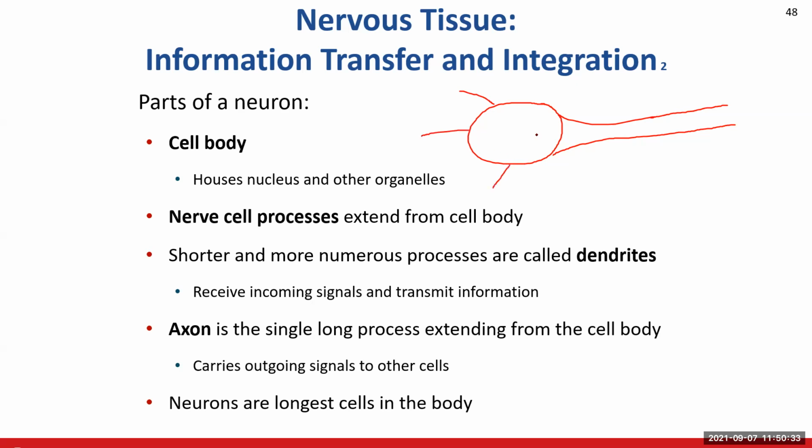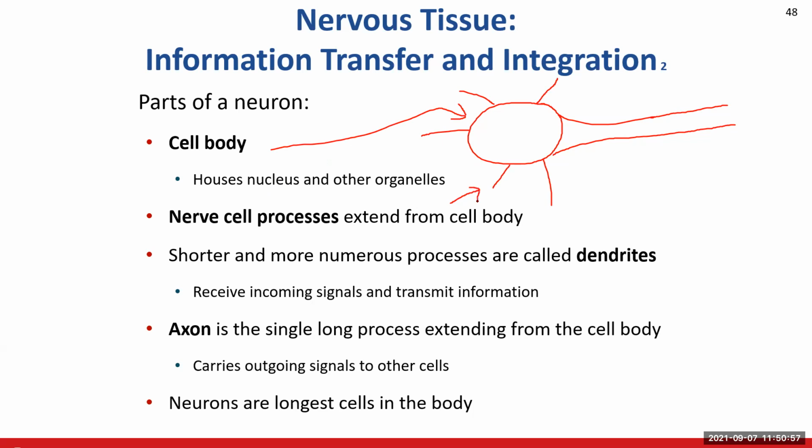And that's where you're going to have the nucleus and the organelles like the ribosomes and the endoplasmic reticulum. You're going to have those structures in the cell body, which is this big bulbous area here.